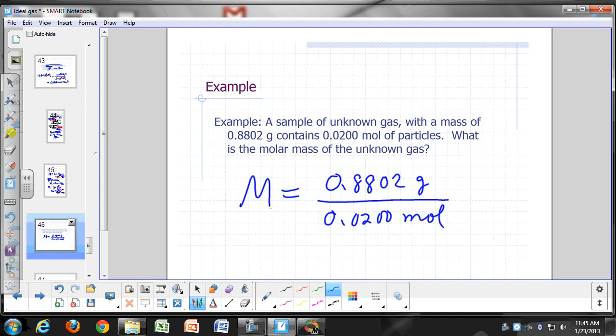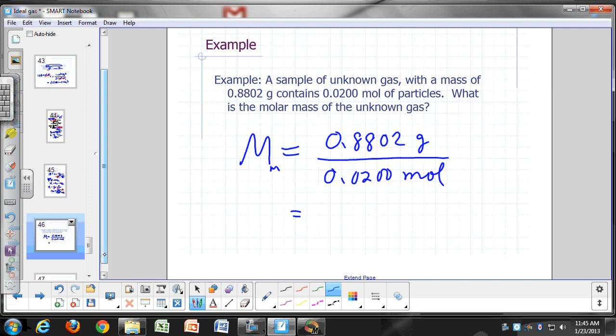That gives you molar mass in grams per mole. And that's how much? 44.01 grams per mole. Okay.